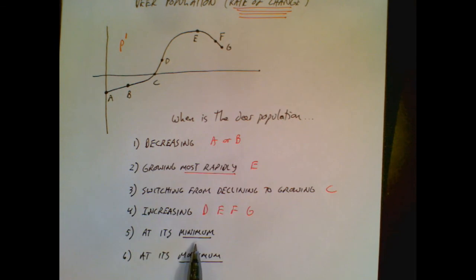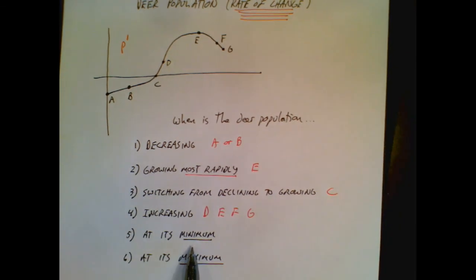When is the deer population at its minimum? All right, so the minimum, there's other ways to do this, and when we watch this video, I'm not sure if we've done curve sketching yet, so I'm going to ignore that for a moment.